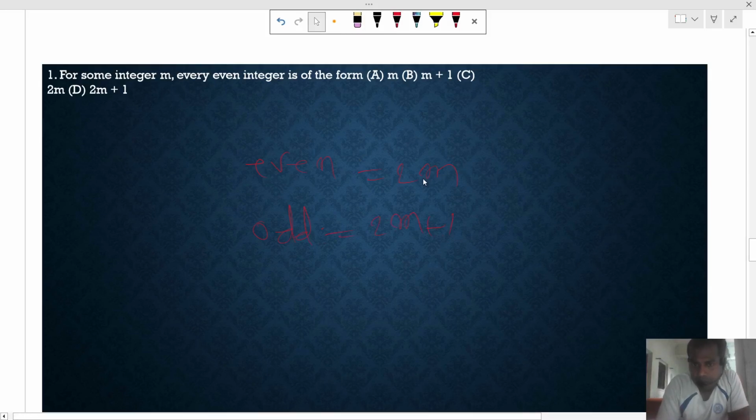If we put 1, the answer will be 2, that is even. If we put 2, it will be 4, that is even. If we put 1 in 2m plus 1, that will be 3. If we put 2, that will be 5. So for example, the values will be 2, 4 if m is equal to 1, 2, and there will be 3, 5.